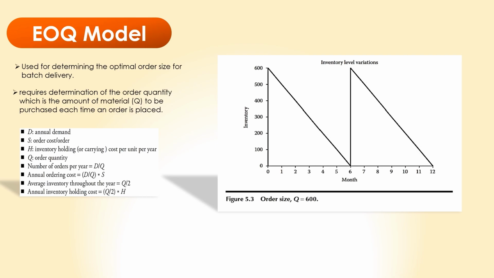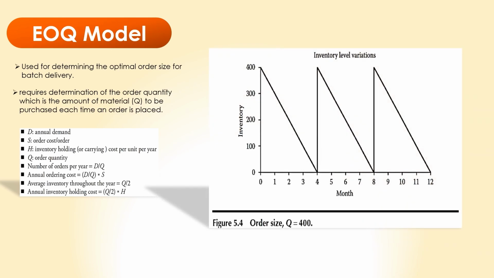May isa pa tayong example to further strengthen this formula. Now, the inventory level here is 400 or the Q is 400. Then after 4 months, naubos na siya, 0. So mag-replenish ulit tayo, another 400, and then naubos ulit siya, mag-replenish tayo, another 400.